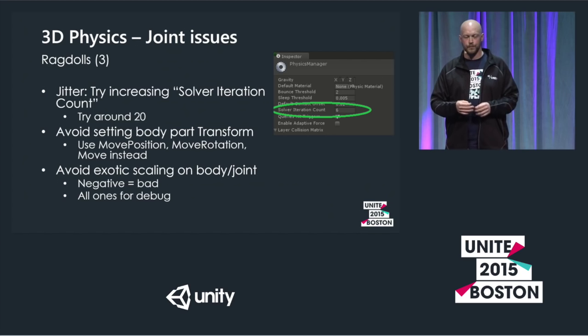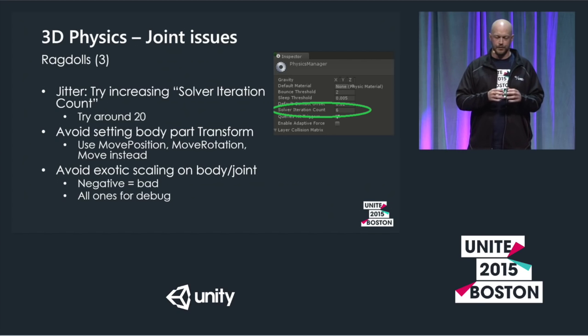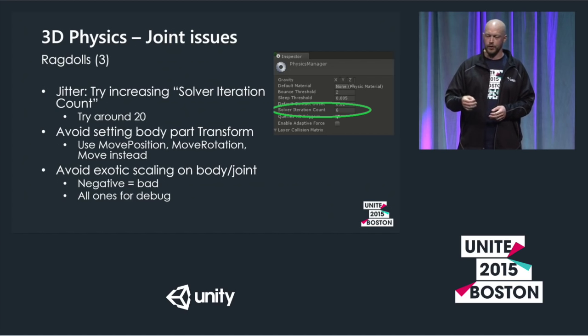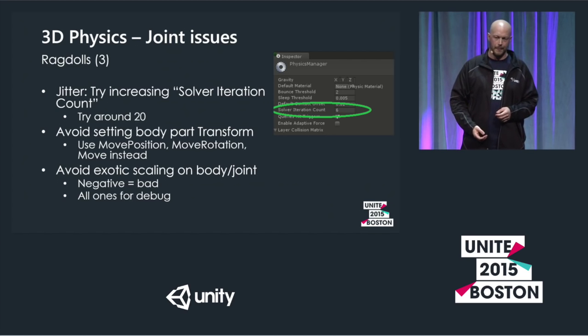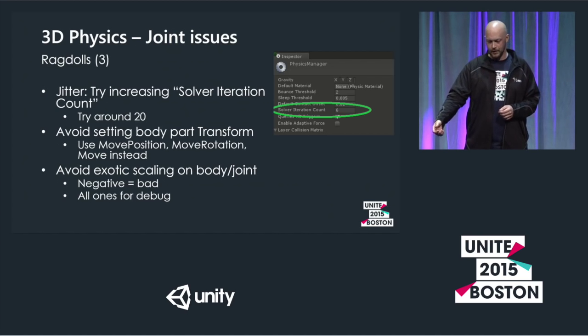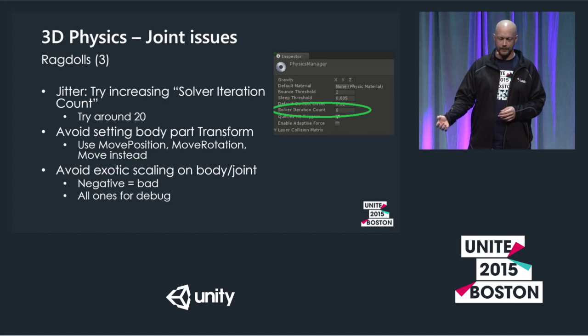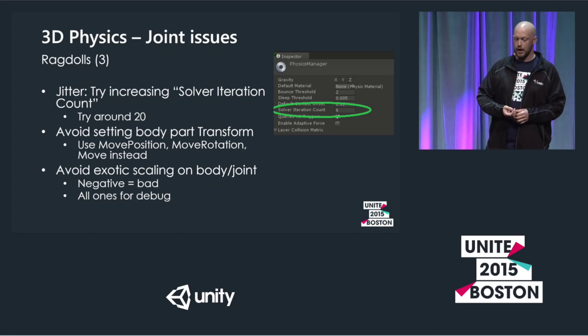And in the same general piece of advice that applies for joints, please don't set the transform of the ragdoll body parts directly. If you are grabbing a dead guy, maybe you want to move his hand. Of course, you can attach a joint to the hand and move him that way.